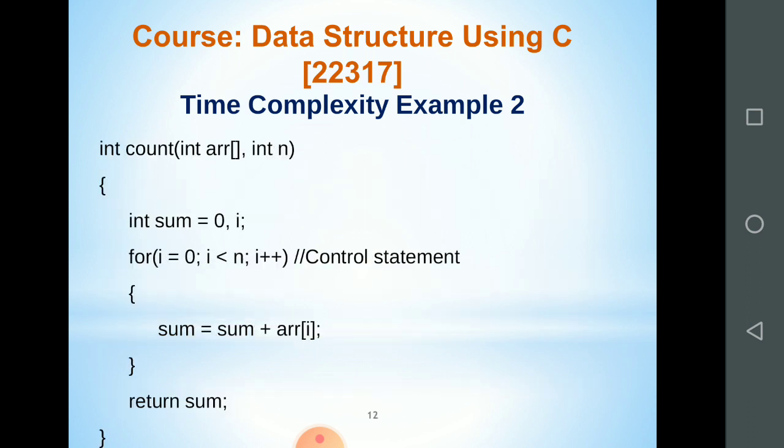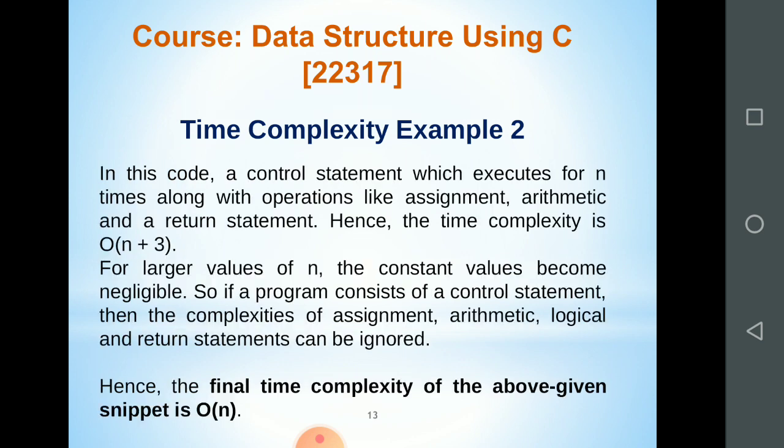Look at this. 3 assignment statements are there. This is 1, sum equal to sum plus array of i. Integer sum is equal to 0, this is the second, and for i is equal to 0, this is the third statement. So the time complexity is big O of n plus 3. Now for larger values of n, the constant values become negligible. That is why I am saying you have to remove them, as they are miscellaneous: when the values of n are larger, the constants become negligible.